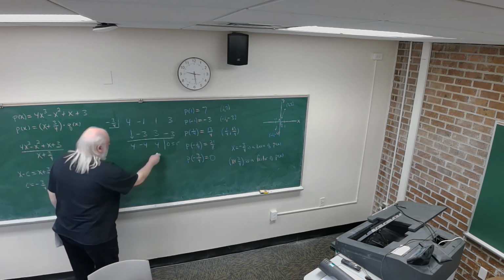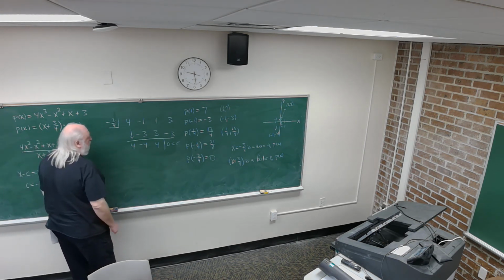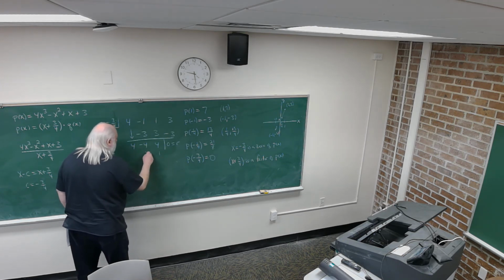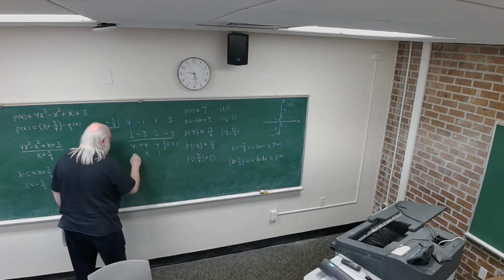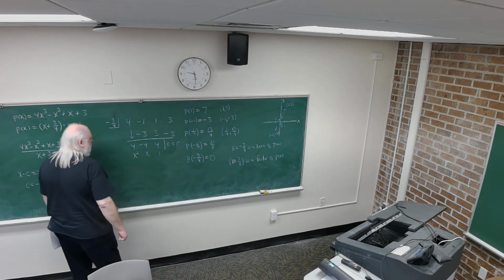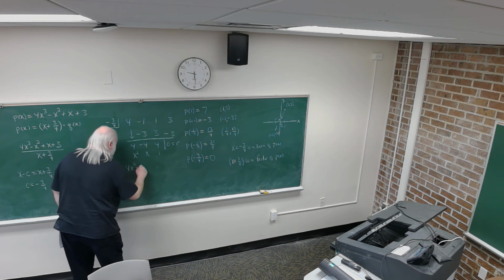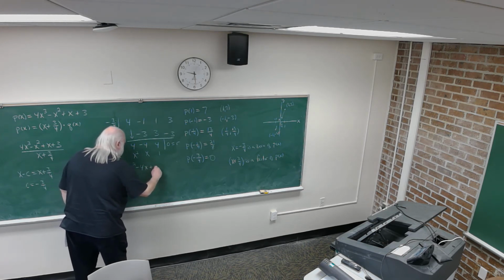So our quotient from our synthetic division, right, this 4 goes with the x to the first, this one goes with x squared. And so our quotient from the synthetic division is 4x squared minus 4x plus 4.